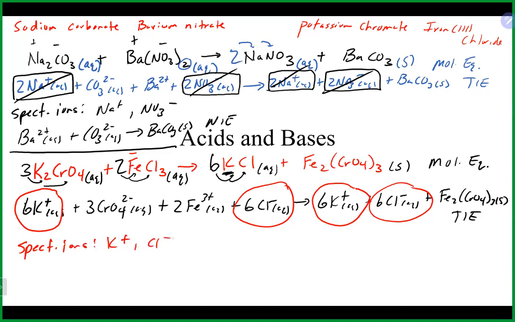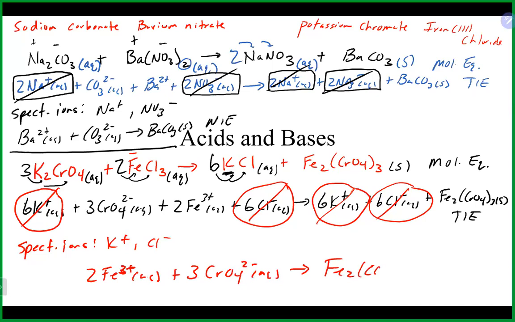Potassium and chloride. We're going to once again cancel them out, and that's going to leave us our net ionic equation, which is 2 of our iron 3 coming together with 3 of the chromates to make this solid that's going to form.